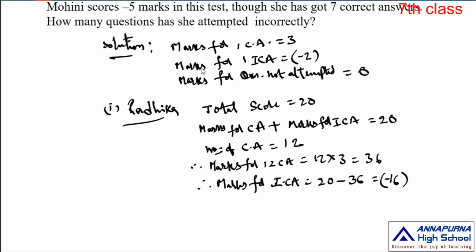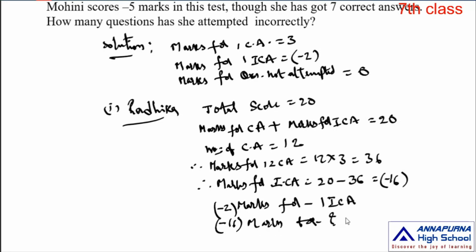As we know that marks for 1 incorrect answer is minus 2. So here marks for incorrect answers she got is minus 16. Therefore we can find it: minus 2 marks for 1 incorrect answer. So minus 16 marks for how many incorrect answers?